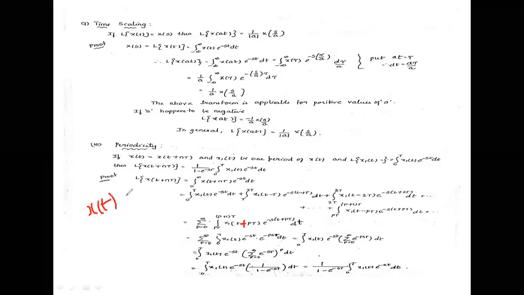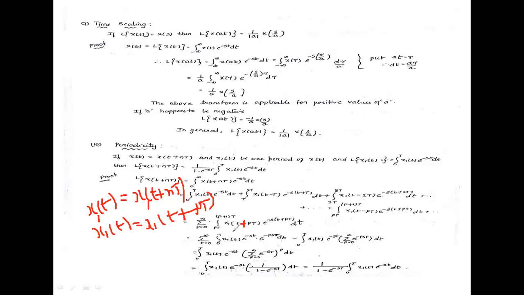Why am I replacing x of t plus pT with x1 of t? The condition is given here: it is a periodic signal. Because x of t is equal to x of t plus nT, and now the variable is p, so x1 of t is equal to x1 of t plus pT.